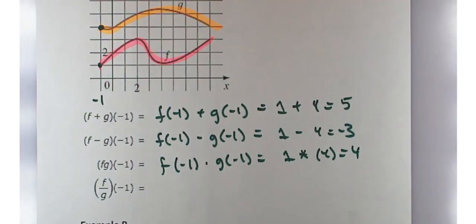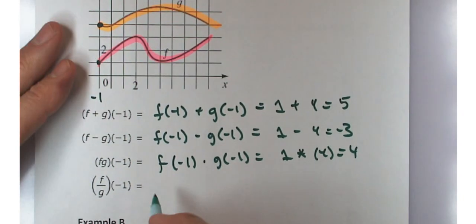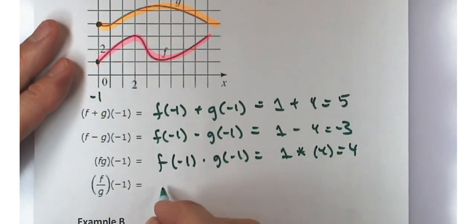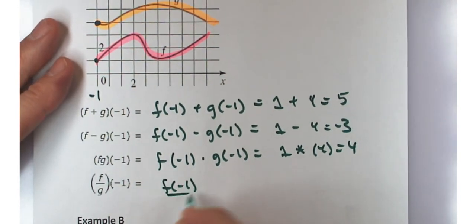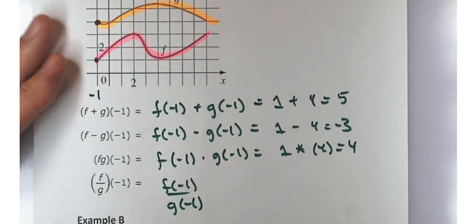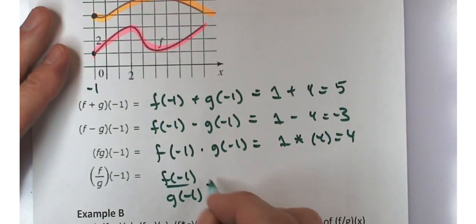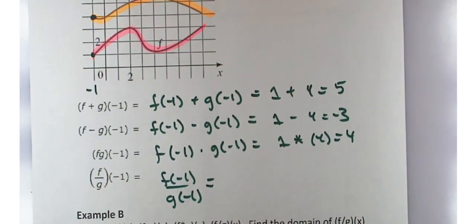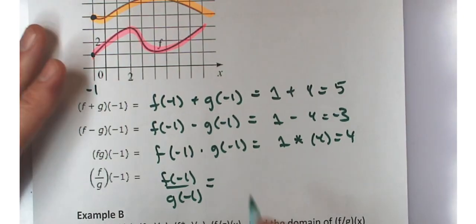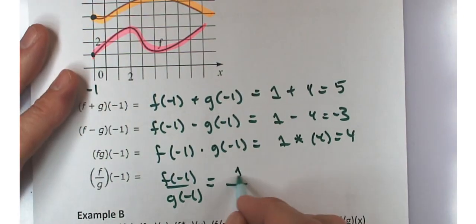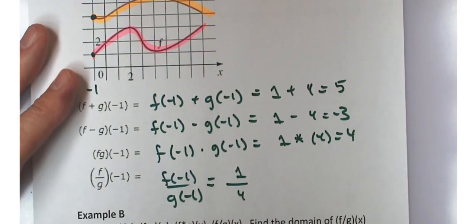The last one, again, this is just more notation, really stands for f of -1 over g of -1. I can't say that I use this notation all that much. I try and use this kind of stuff to be a little bit more straightforward, but you will see this stuff in WebAssign. So the last one's going to be the same as 1 over 4 or 0.25.